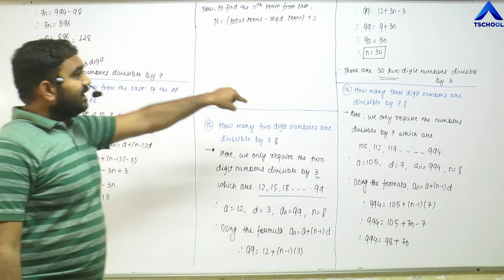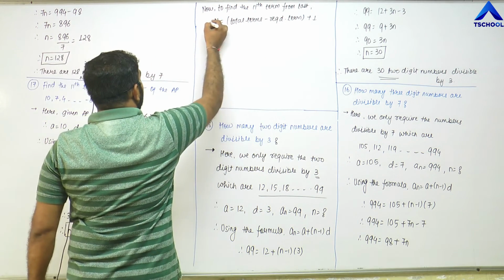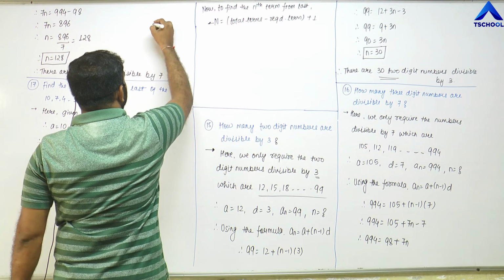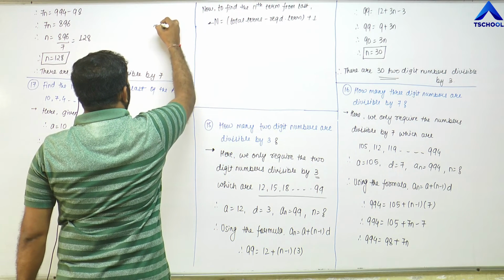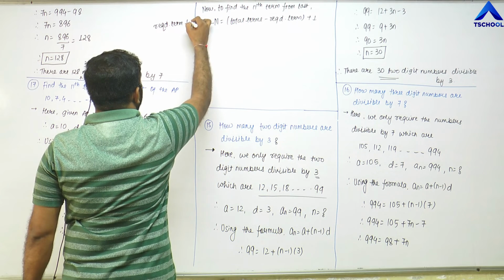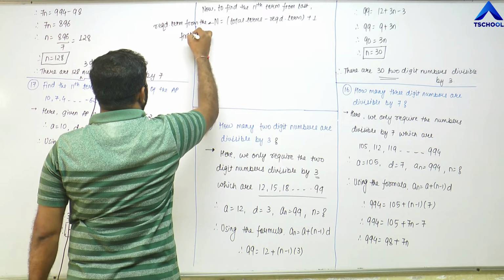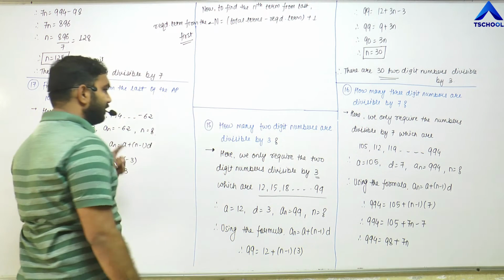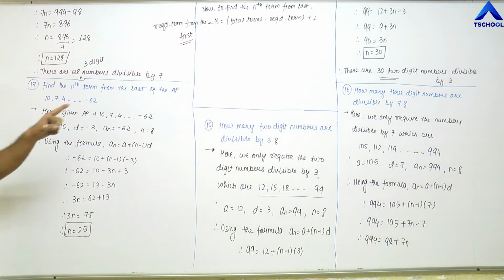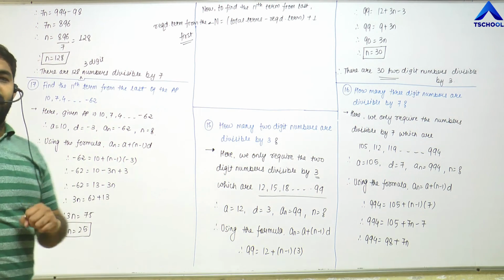So to find the 11th term from the last, this capital N simply means the required term from the first, from the given AP in the sequence. Which term is the 11th term from the last?